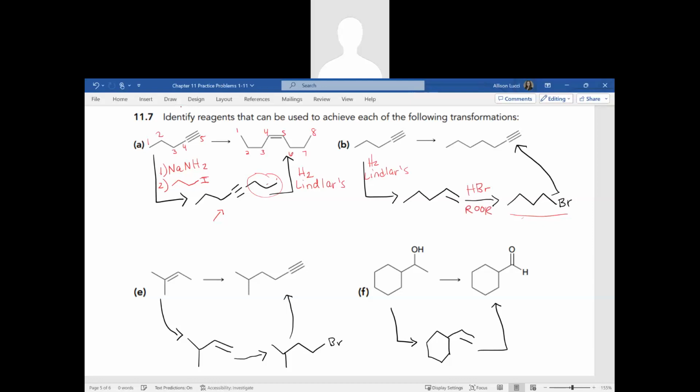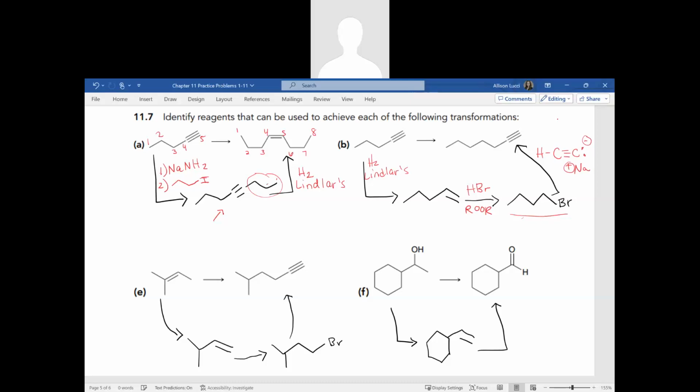So that would give us this alkyl halide, and we can treat this rather with acetylide, and we could generate our desired product. So we would have this right here. Sodium is our counter ion, and this would generate our desired product.